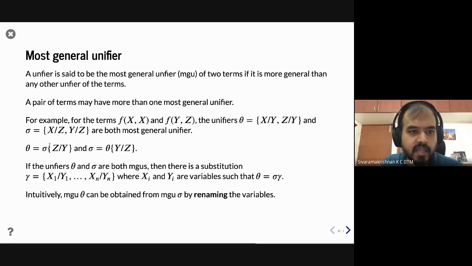Because we have this substitution zy, sigma is more general than theta, but we also have a substitution yz where we get sigma from theta. So neither sigma nor theta is more general than the other one. They are both equivalent, but they are both the most general unifiers here. Does that answer your question, Raghu?